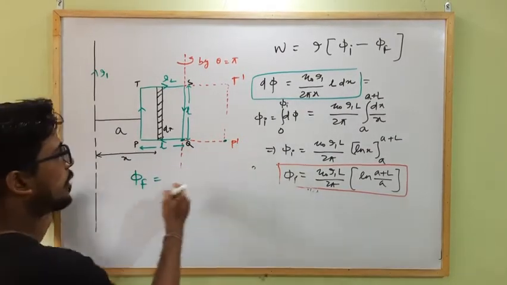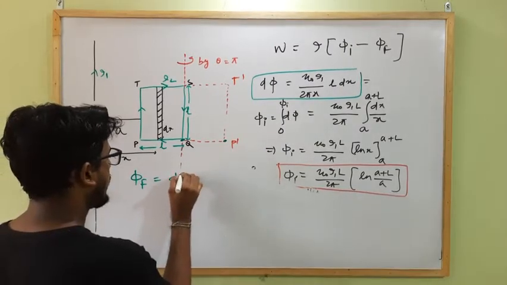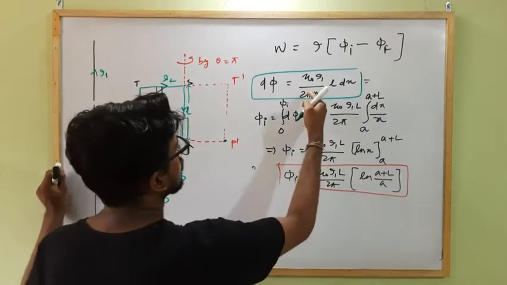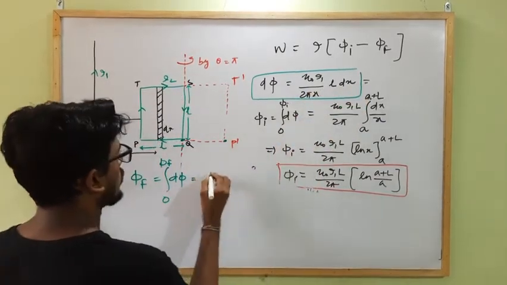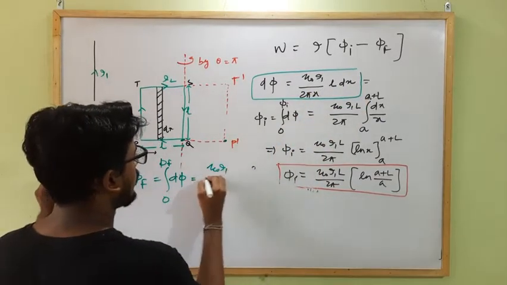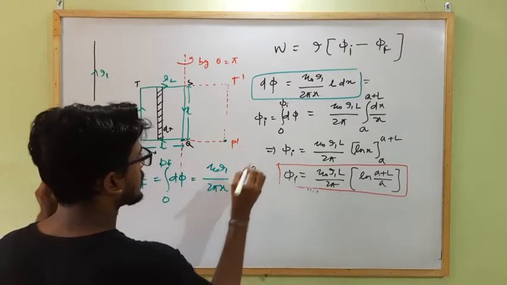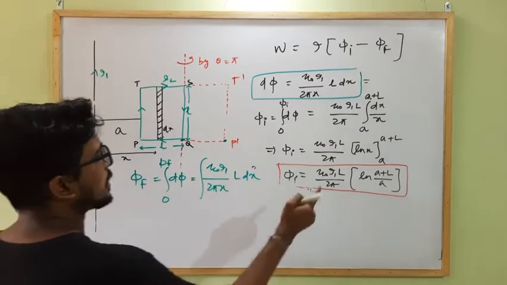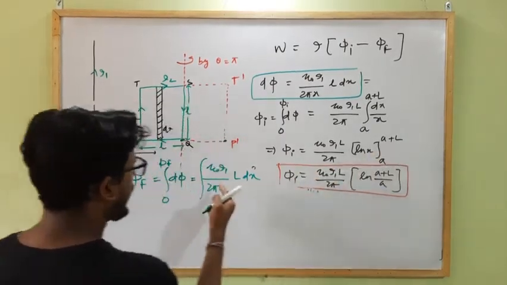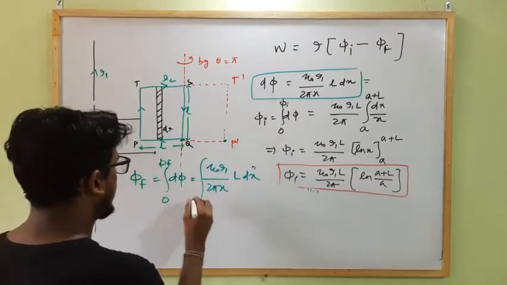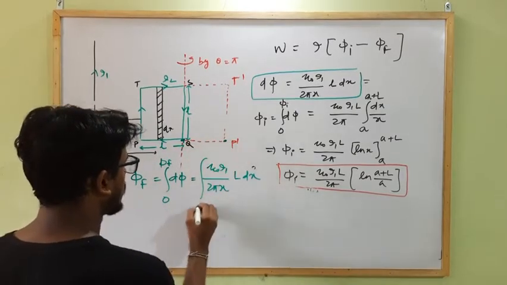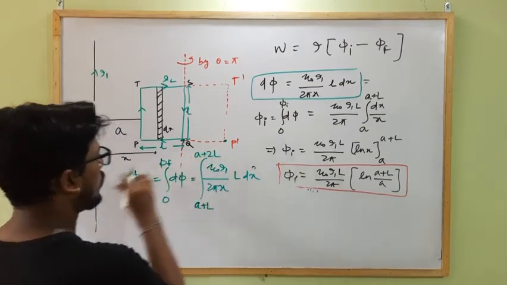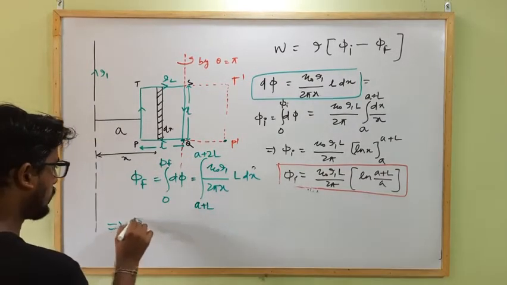So dφ will be the integration of dφ from 0 to φ final. This will be dφ, which is equal to μ0 I1 by 2πx times L dx. Here only the limit will change. Earlier the limit was from a to a plus L, and here the limit will be from this position to this position, from a plus L to a plus 2L. So what will be the expression for φ final?